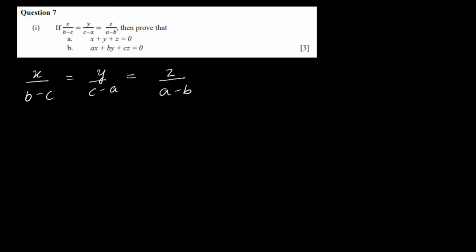We have to prove these two things: x plus y plus z is equal to 0, and also ax plus by plus cz is equal to 0. Yes, so how to do this question? How to do these types of questions, when the ratio is equal, that is given to us, and we have to prove something.